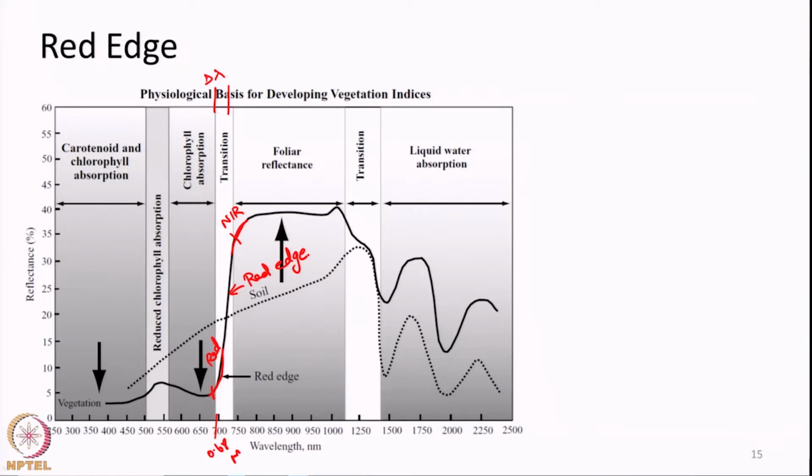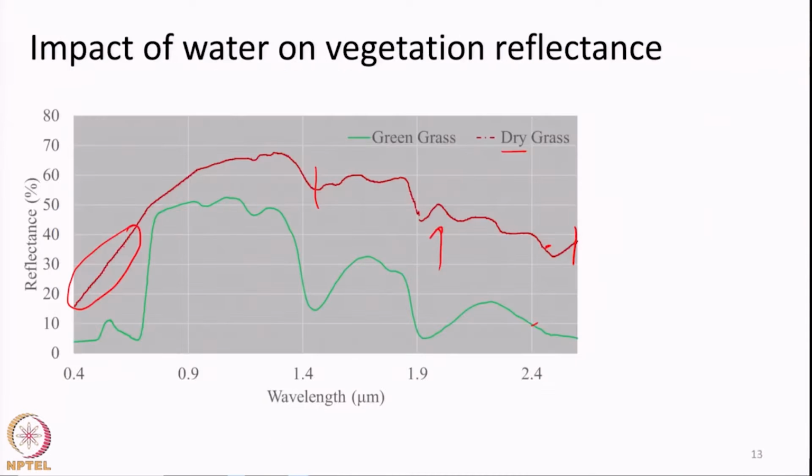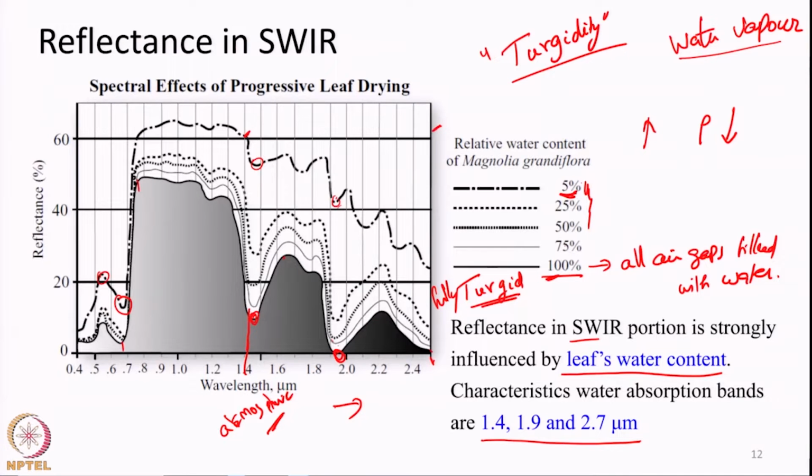The red edge actually has certain applications in vegetation monitoring. Maybe we can look at an example from the previous lectures. If you look at this particular slide, we can see that as the vegetation's nature changes, here we discussed how the spectral reflectance varies when there is a change in water content in the leaf.